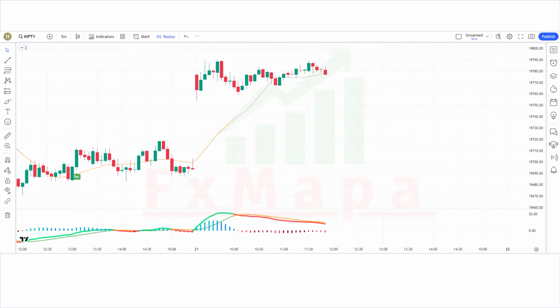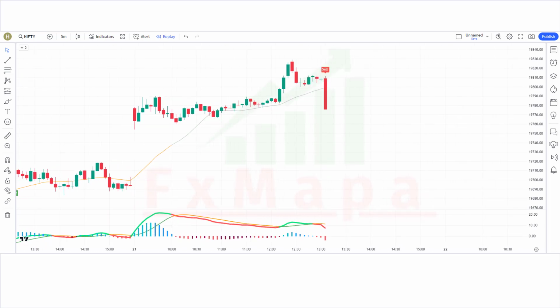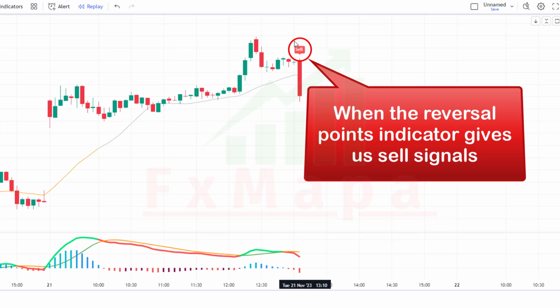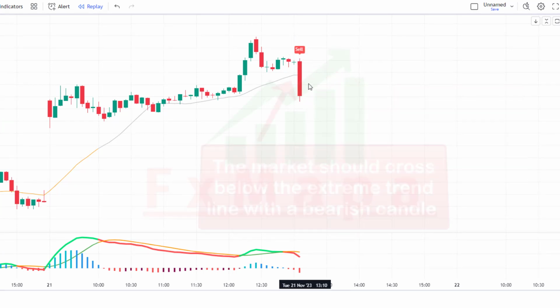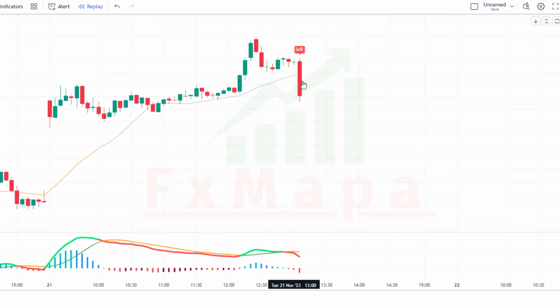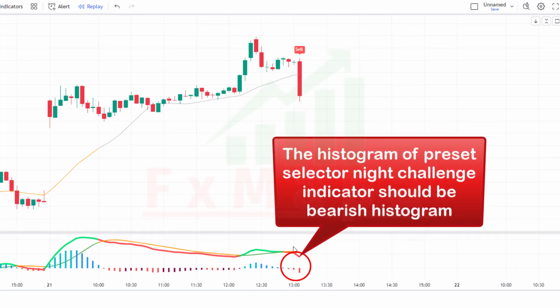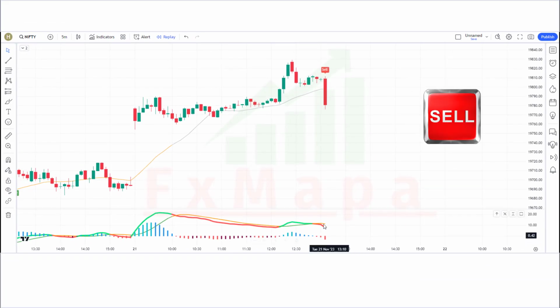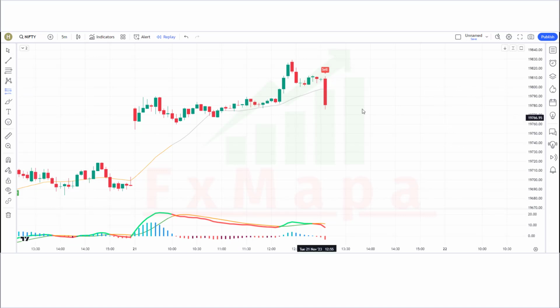Now, let's understand the concept where we will take buy and sell trades based on their conditions. When the reversal points indicator gives us sell signals, the market should cross below the extreme trend line with a bearish candle. The histogram of the preset selector indicator should be a bearish histogram. If this condition is fulfilled, then we will place a sell order.